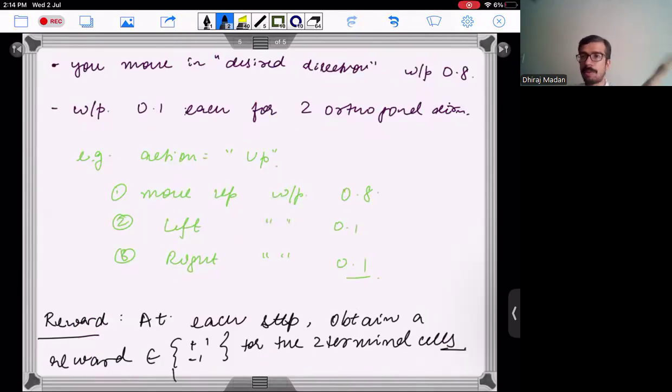And you achieve a reward of +1 and -1 on those two cells, respectively. And you receive a reward of -0.04 on every other cell. So essentially, this is to penalize you for taking too long to reach your goal state. So if you keep stuck in the game, then essentially you will keep receiving that -0.04.